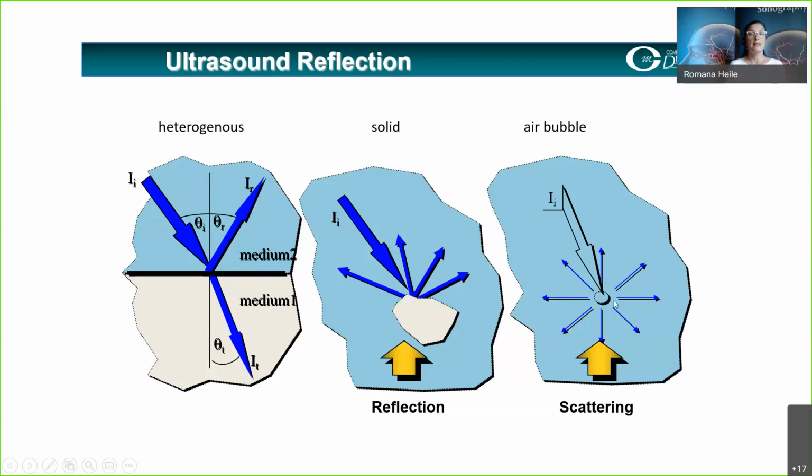If ultrasound hits air, as you know, there is a complete reflection of the ultrasound. So this is a limitation, and we have a massive reflection of ultrasound, meaning it's a scattering.